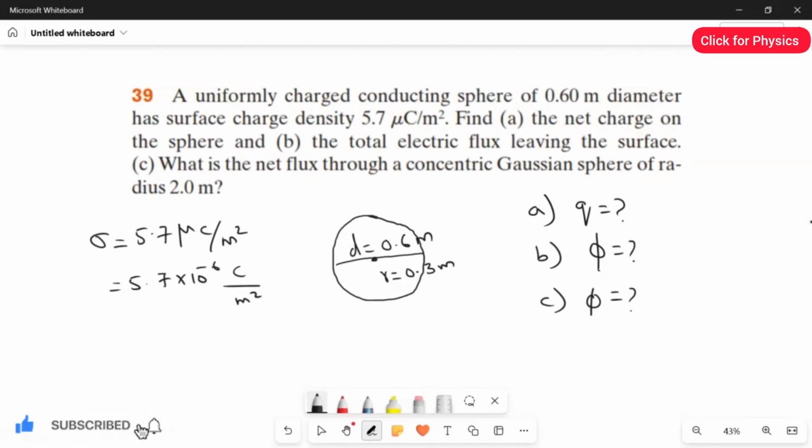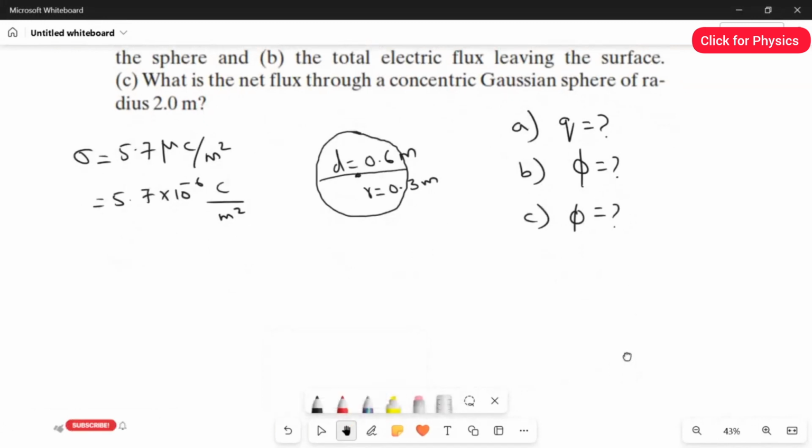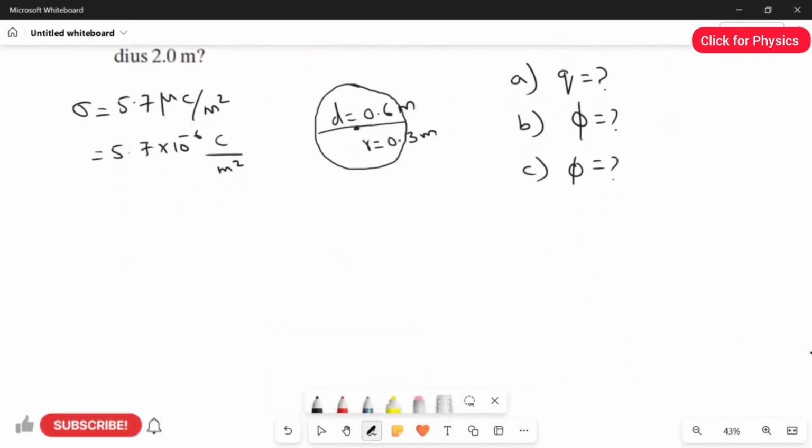Let's answer the first question first. What do we have to find? We have to find the charge. For finding the charge, we use the formula for surface charge density, as we already studied in our theory. Sigma is equal to Q over A, that is, charge over area.